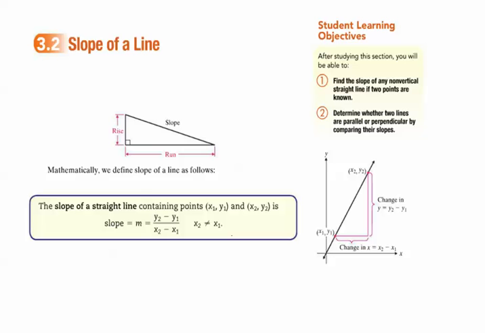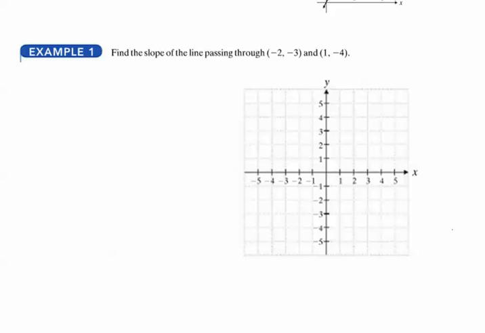Let's get started. Okay, so in example 1, here we actually have a graph. We have 2 points. So we can calculate the slope of a line just by looking at its graph. And so let's plot these 2 points and then talk about how we might calculate the slope of the line connecting those 2 points.